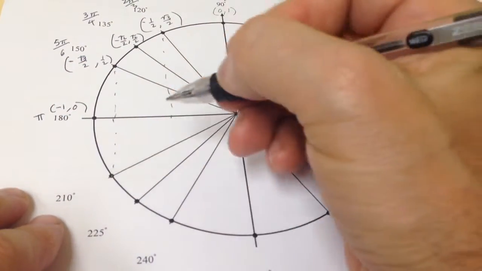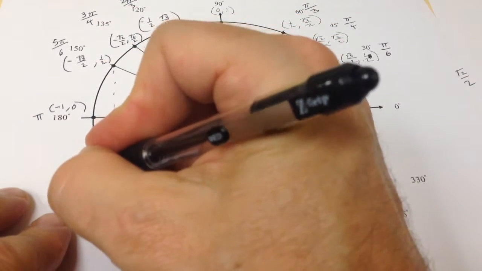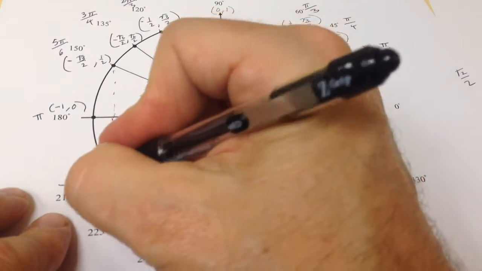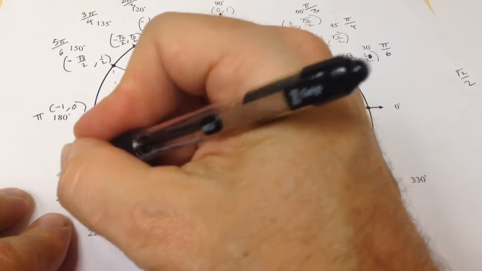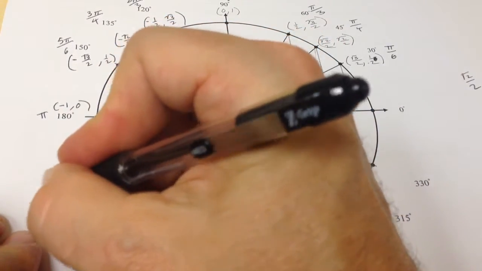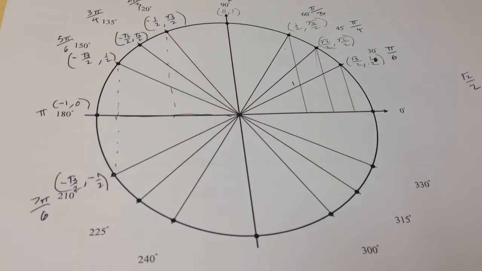When I reflect it down here, same numbers, just in this quadrant. So this ends up being a negative square root of 3 over 2 wide, x to there, and then negative 1/2 down. And that right there is 7 pi over 6. These you should learn. I'm not going to finish it for you.